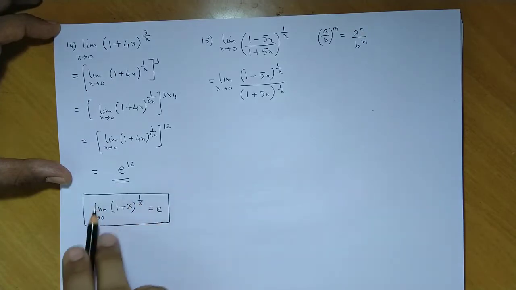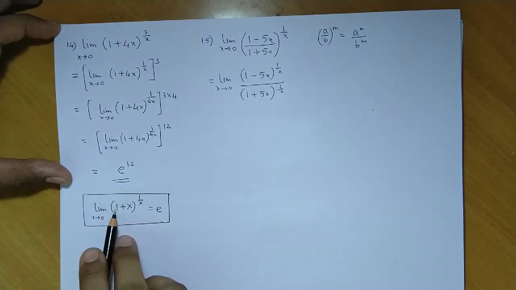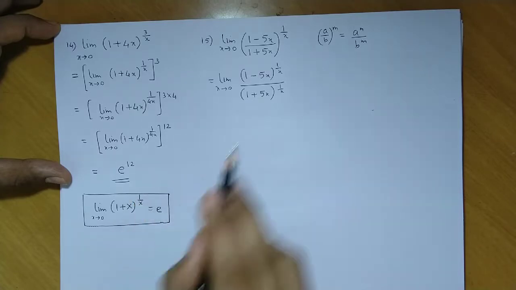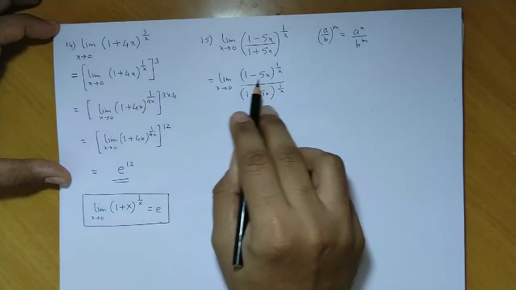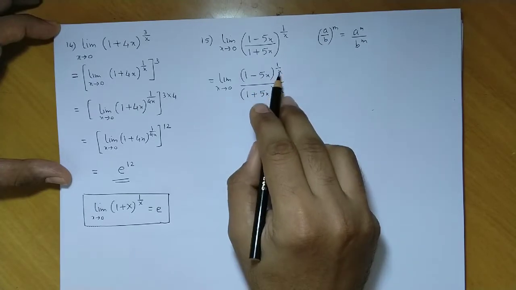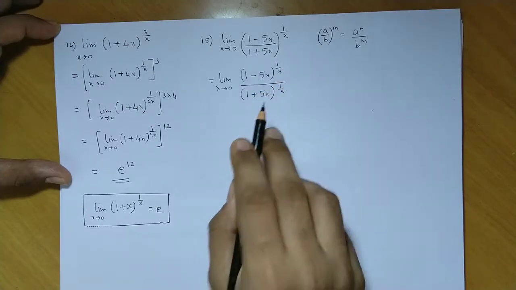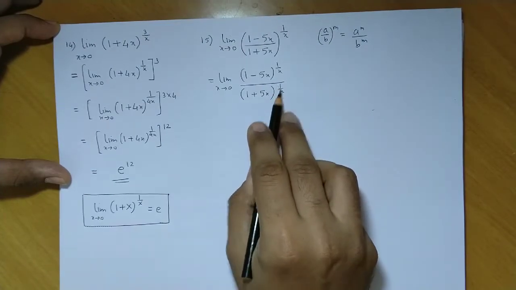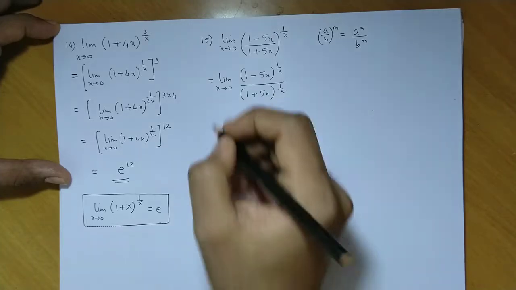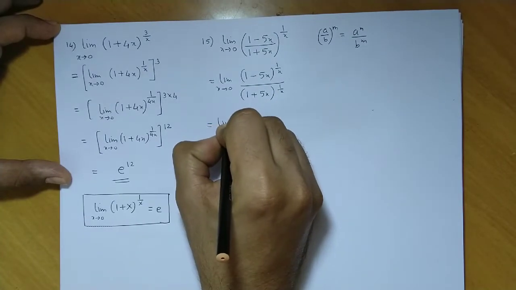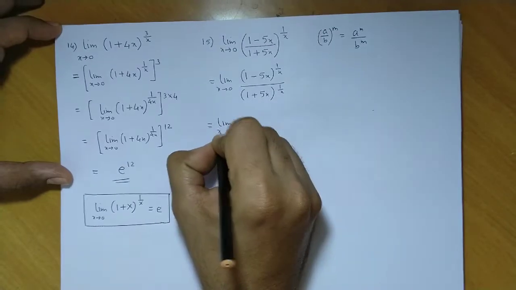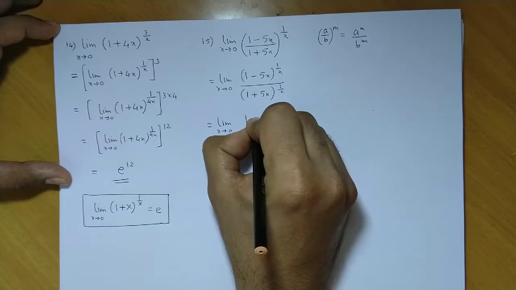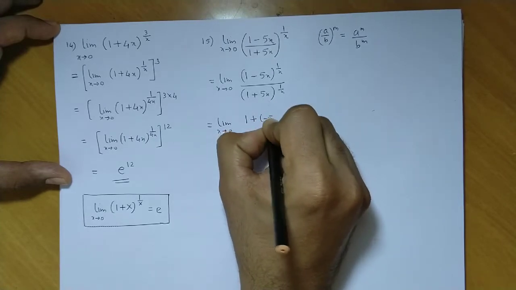Now if you consider this standard limit, we need 1 plus the x term and in the index its reciprocal. Now here the x term is minus 5x. So we need to have 1 upon minus 5x here. And in the denominator it is plus 5x. So in the index we need to have 1 upon 5x. So next step would be limit as x approaches 0, 1, you could write this as plus minus 5x.